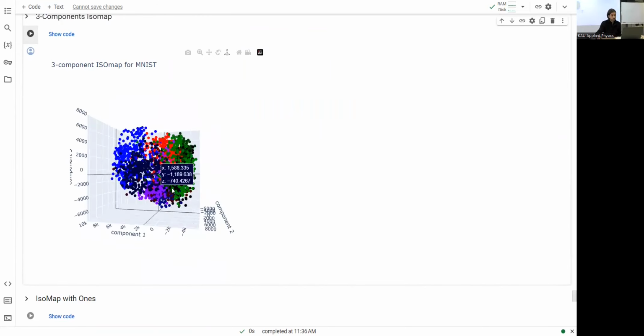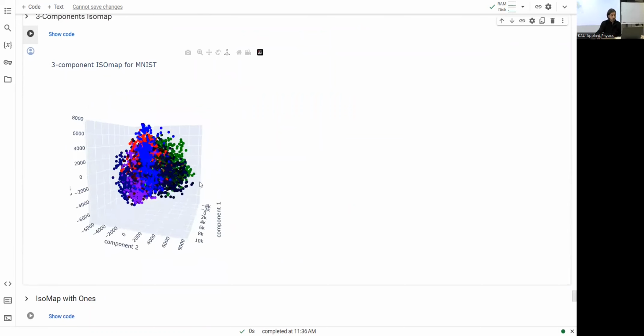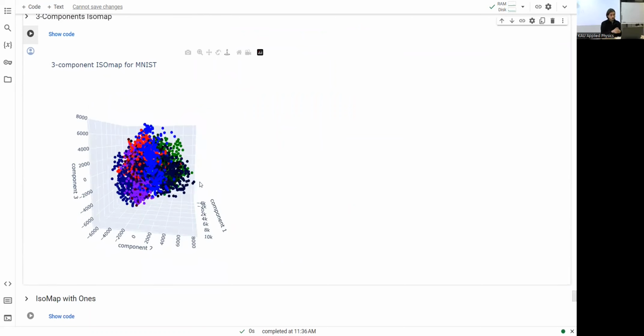And you see that data points are somehow grouping together, which makes them a better candidate for using some different methods on them to separate these points, to clusterize them, to perform some sort of classification and so on.